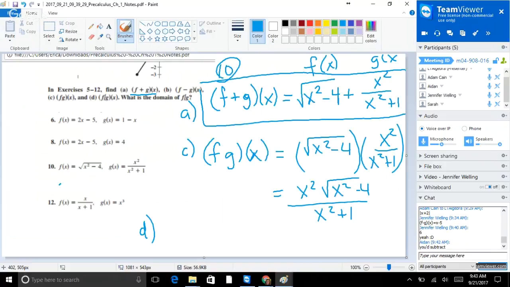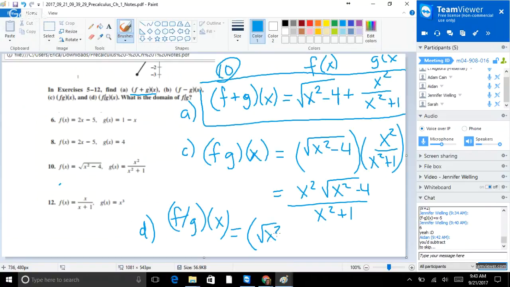I think this is a nice, good section to end with today. All right, so what about f divided by g of x? What do you think you're going to do there? Divide. Yep, there you go.